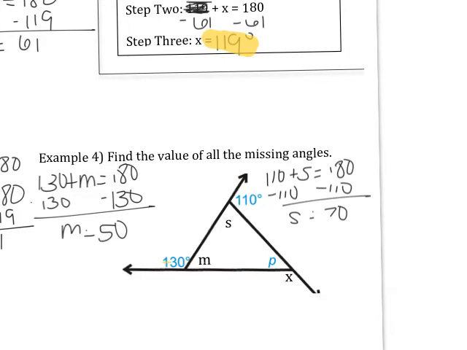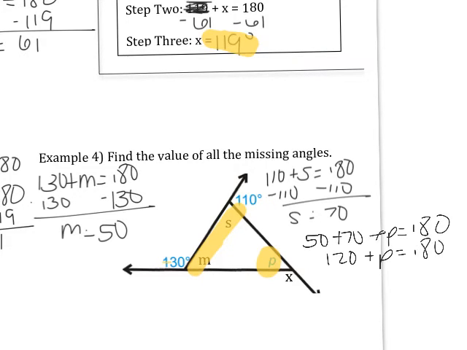Well, now that we know what these two are, we can find p. Because we know that 50 plus 70 plus p is equal to 180. 120 plus p equals 180. Subtract 120 from both sides. P is equal to 60.